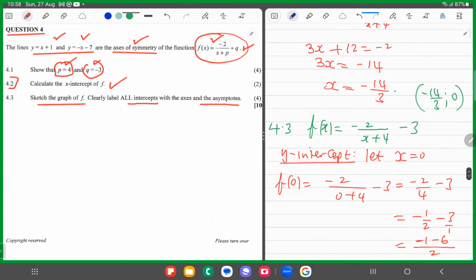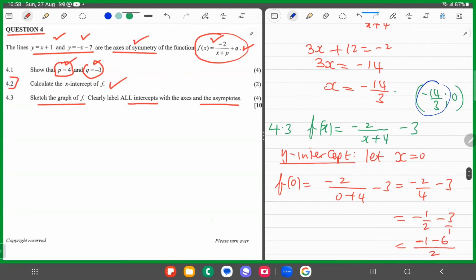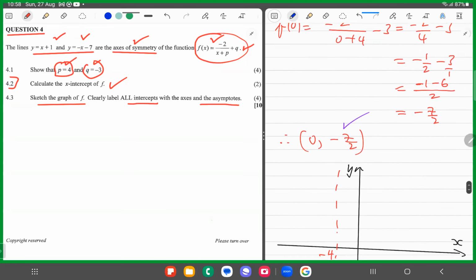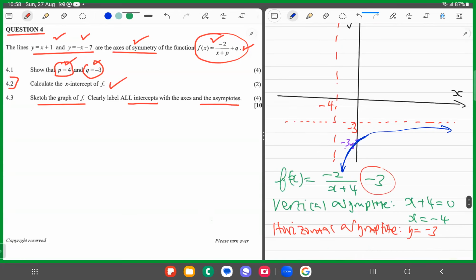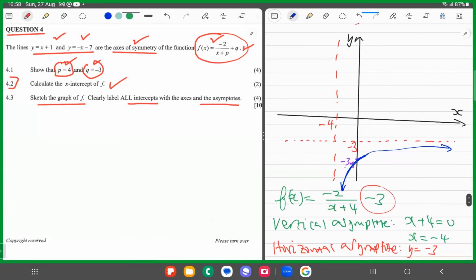At this point, x is minus 14 over 3. Minus 14 over 3 is like minus 4 point something, so it's somewhere there, and the graph will take this pattern and shape.